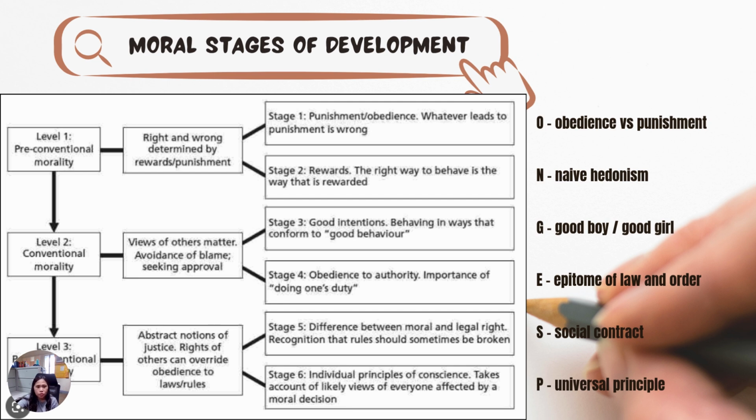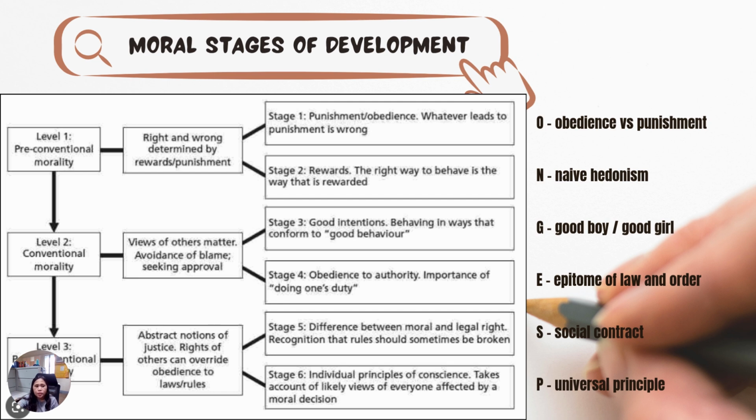That is according to Lawrence Kohlberg. So stage one is about obedience to avoid punishment. That's the concept of morality for young children.